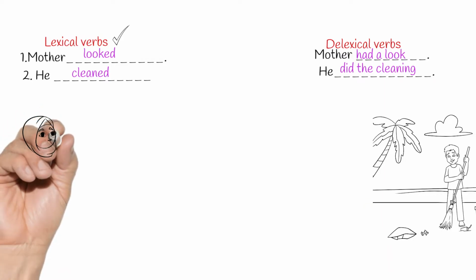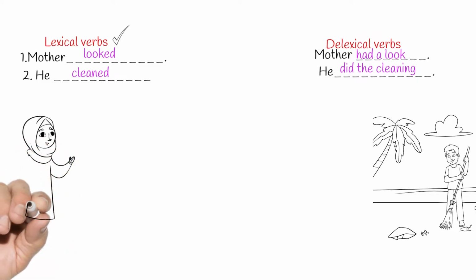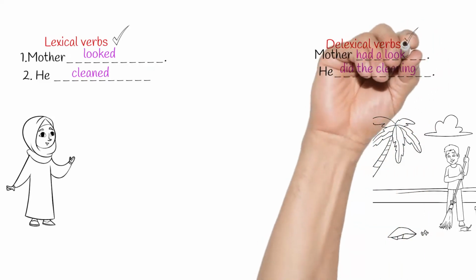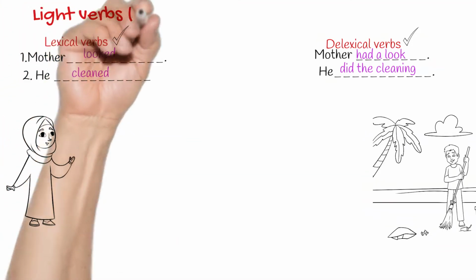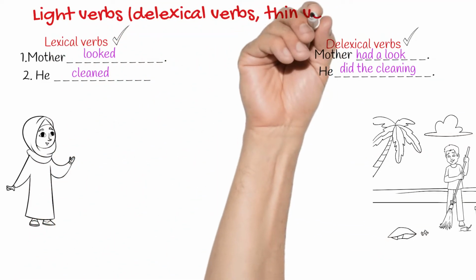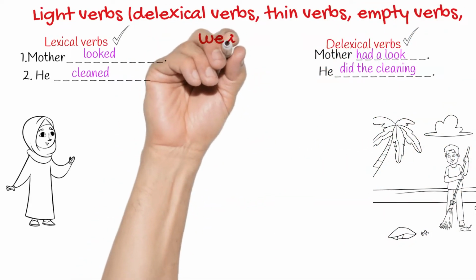They rely on other words, usually noun phrases like a look and the cleaning, as shown in these examples. Such verbs are called delexical verbs. The other names of delexical verbs are light verbs, thin verbs, weak verbs, or empty verbs.